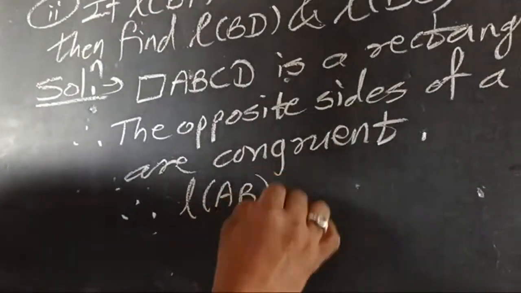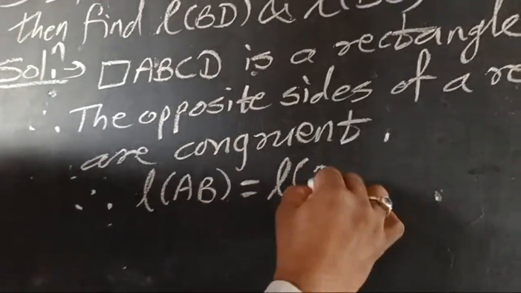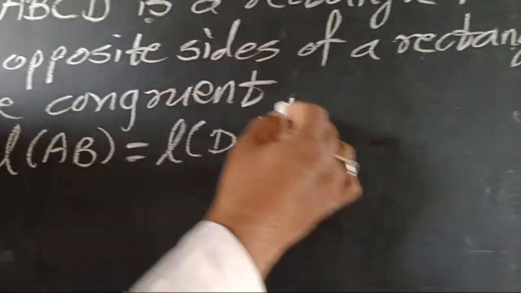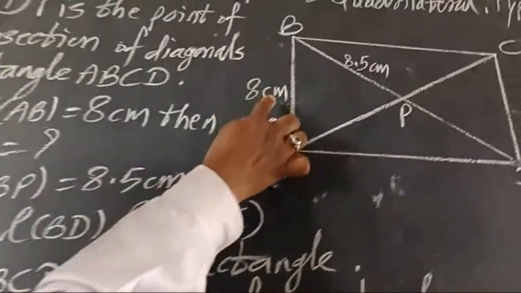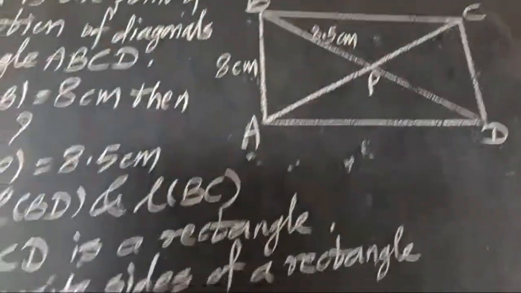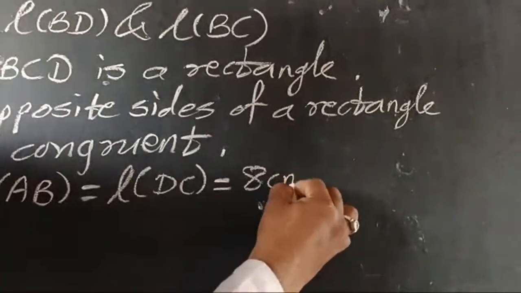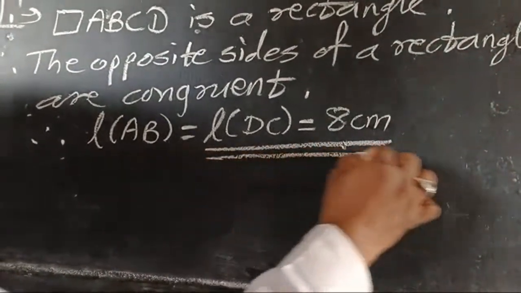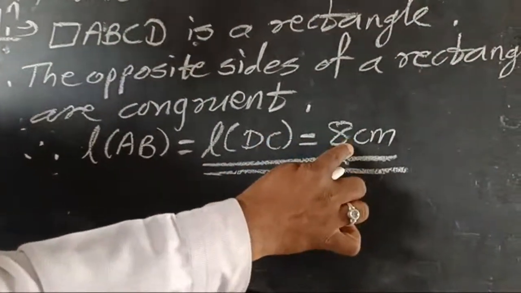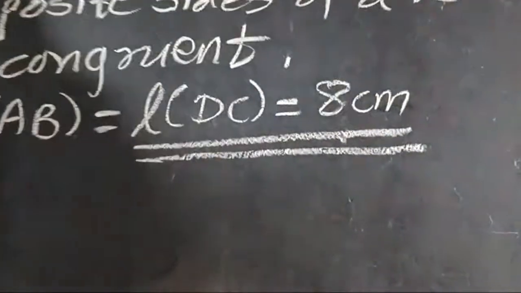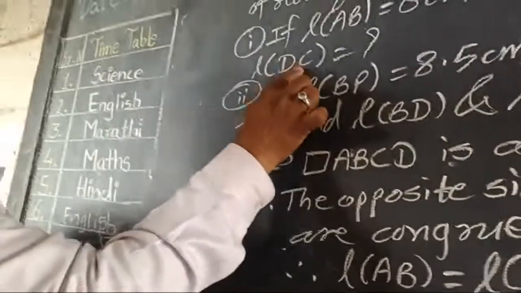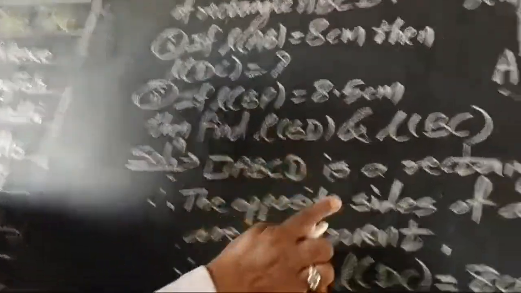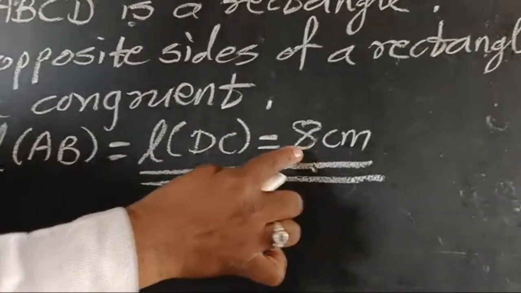Length AB is equal to length DC, and length AB is 8 centimeter. We write here 8 centimeter. Length DC is the asking question, and its answer we get is 8 centimeter.